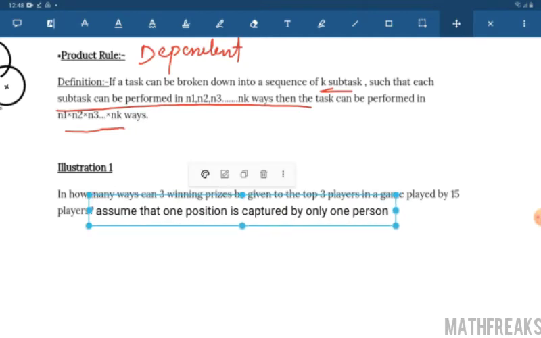Now it's fine. In how many ways can 3 winning prizes be given to the top 3 players in a game played by 15 players? Assume that one position is captured by only one person.